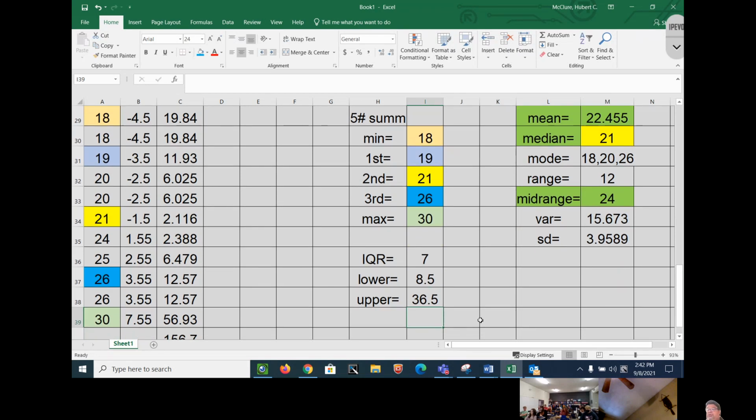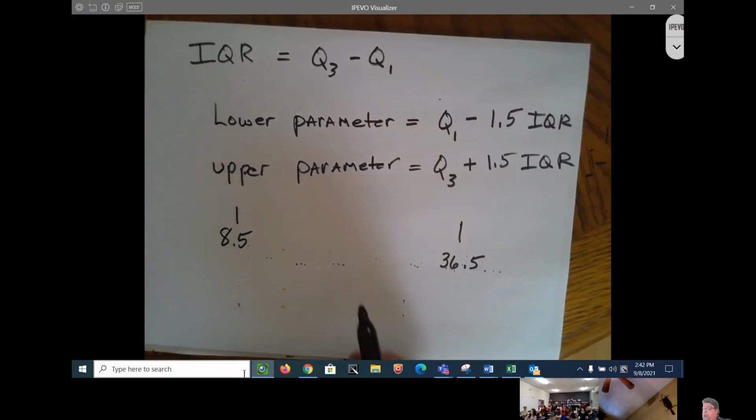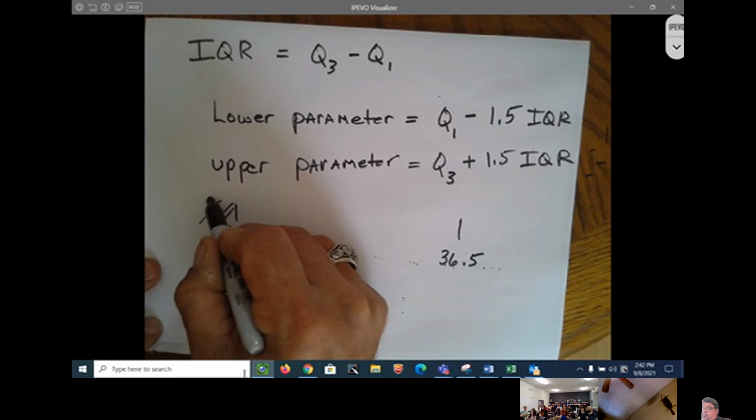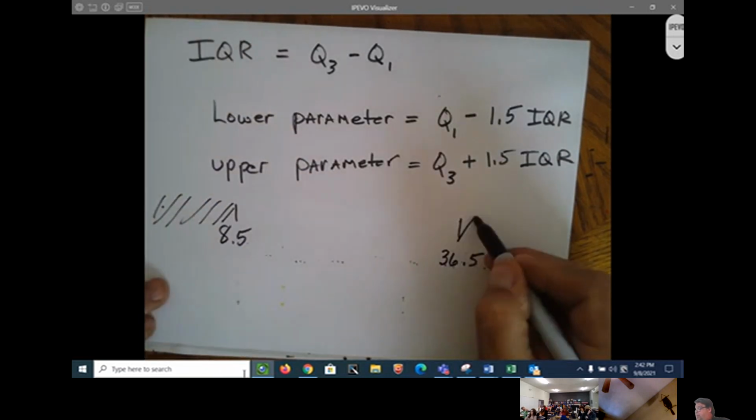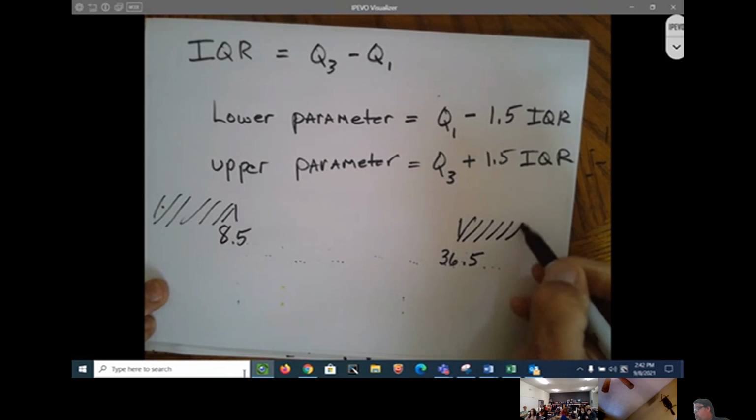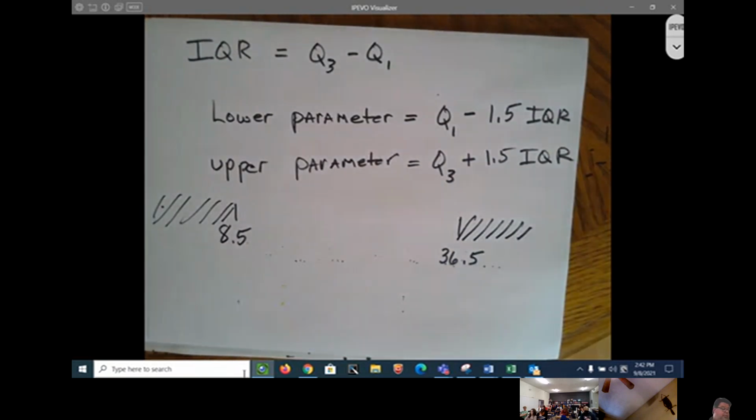Basically, what this gives us is an 8.5 and a 36.5. So if you didn't have the empirical rule, anything below 8.5 is called a what? An outlier.